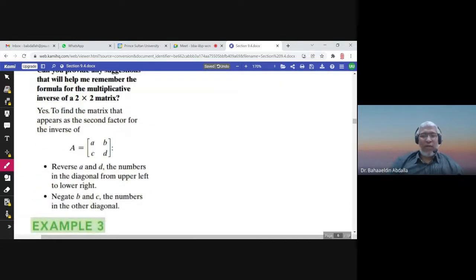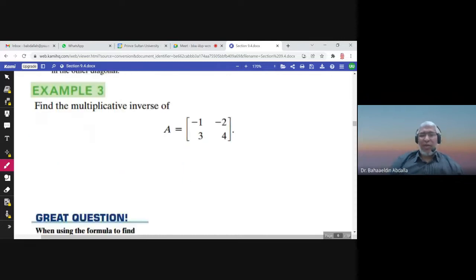So here it tells you how to find A inverse: reverse A and D, negate B and C. Let us find the multiplicative inverse of this matrix. So A inverse would be 1 over negative 1 times 4, which is negative 4, minus, AD minus BC, negative 2 times 3 is negative 6.